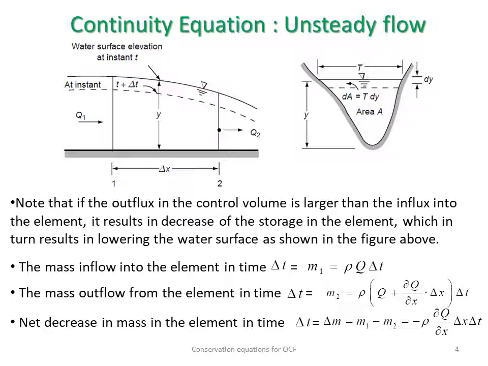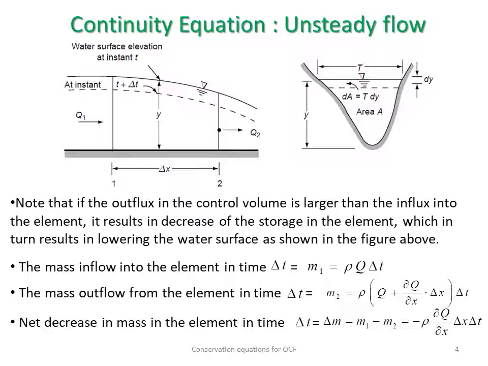So if we consider that the outflux, or the discharge which is going out of the element, is higher or larger than the volume influx that is coming into the element, of course the net storage of mass inside the element will decrease, and the decrease of the stored mass will result in lowering the water surface, as is shown in the diagram on the left.